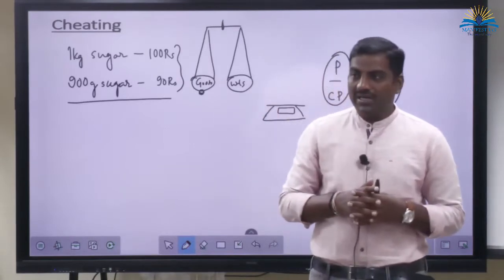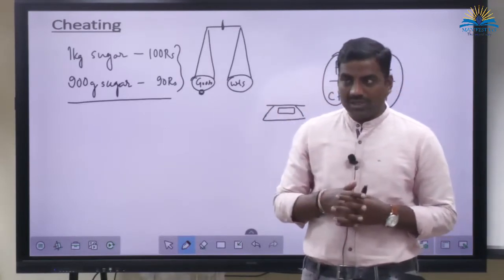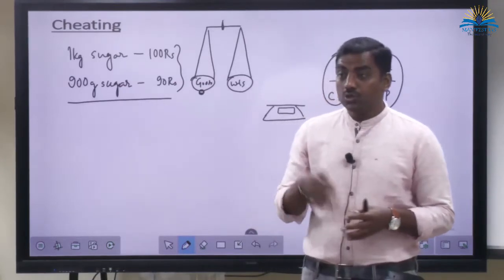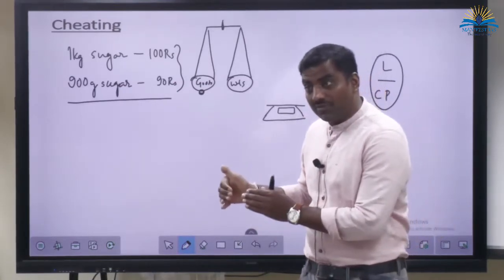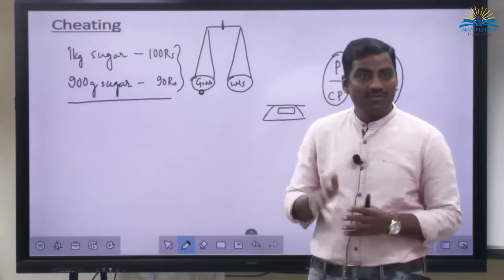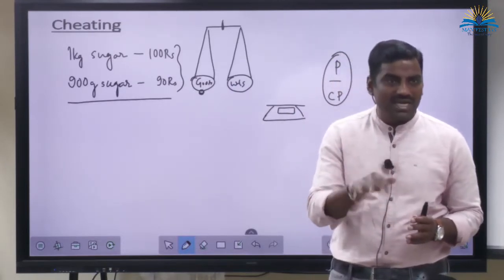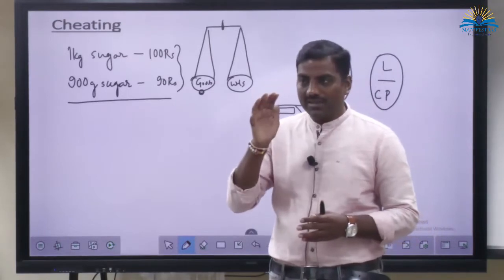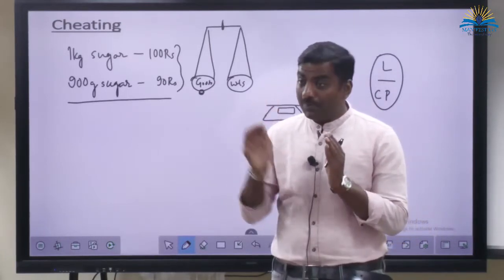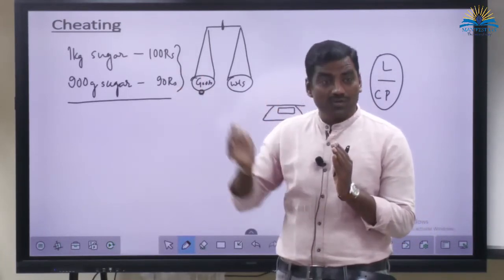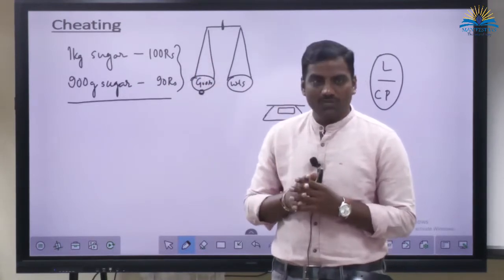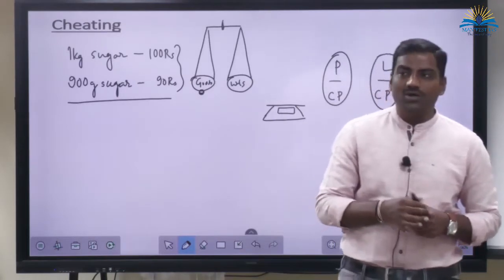Now tell me, to give you 1 kg of sugar, actually he is giving you 900 grams. Should he really have 1 kg of sugar with him? Even if he has 900 grams with him, he can manage, no? He will think that if I purchase 900 grams of sugar from the wholesaler, I can do the transaction for 1 kg. Yes or no? So, how much will be his investment on that sugar?